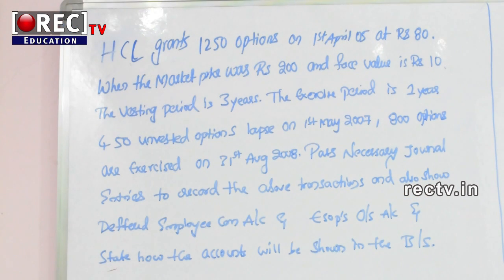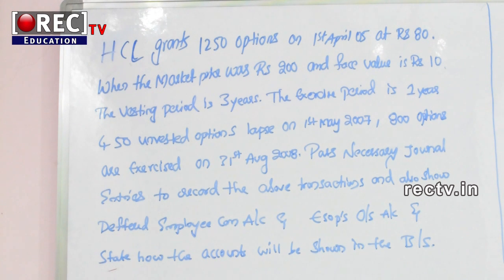Now let us see one more question based on the SEBI guidelines. The question is, HCL granted 1250 options on 1st April 2005 at rupees 80, when the market price was 200 and the face value is 10 rupees. The vesting period is 3 years and the exercise period is 1 year.